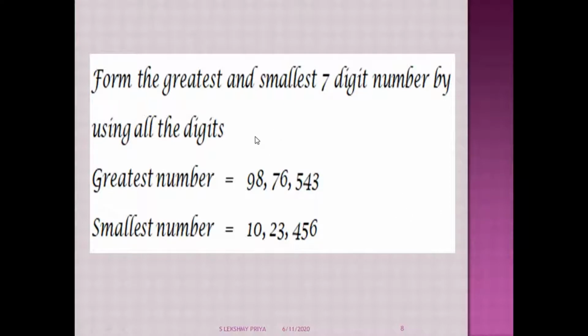Here the digits are not specified, so we have to use all the digits, right? And we need to find the 7-digit number. How can we form the greatest number? To form the greatest number, arrange the digits from greatest to least. Let's start with the greatest digit 9.